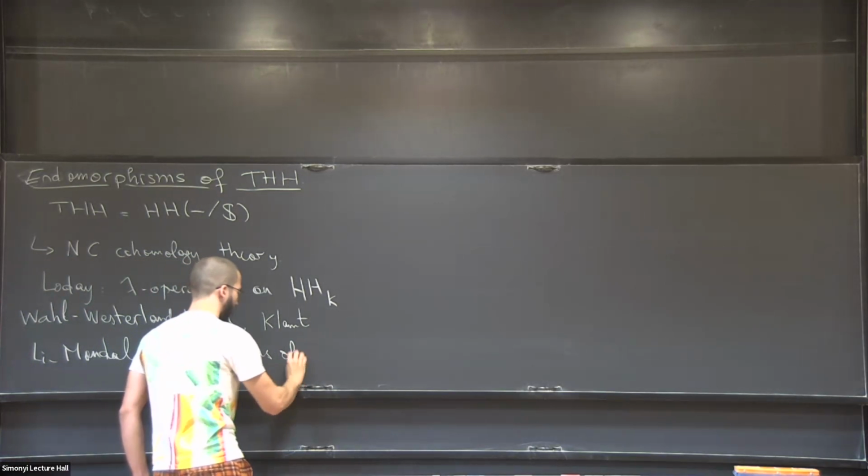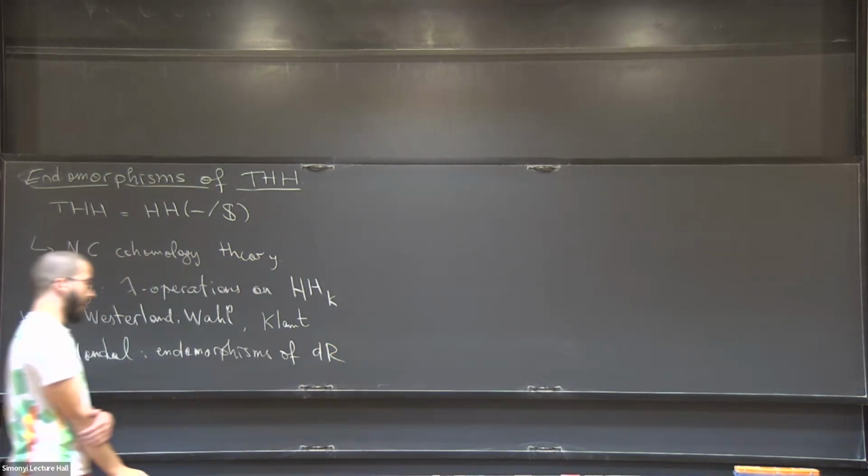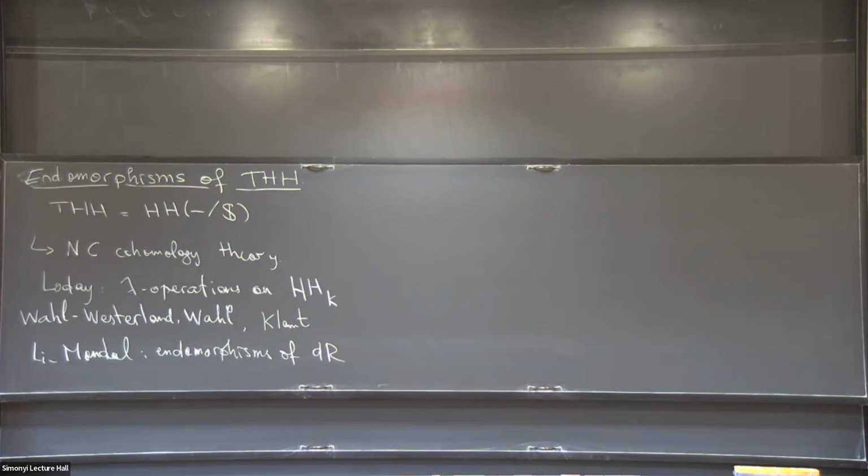And once they figure out the endomorphisms, they do a bunch of cool stuff. They compute deformations and they compute étale twists and so on. I would like to do that. I have done it for étale twists because the answer is very easy in that case. But I haven't had the time to think about deformations more seriously. It's something I want to think about later.